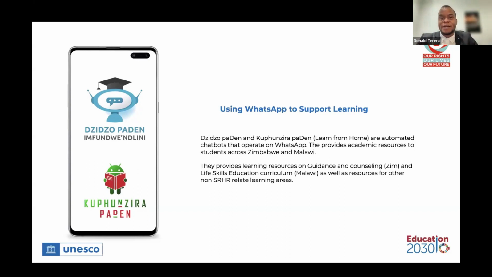We found that this can be a strategy that offers more value to the students and also brings more students onto the platforms. So currently we've got 180,000 students in Zimbabwe and Malawi actively using these chatbots.